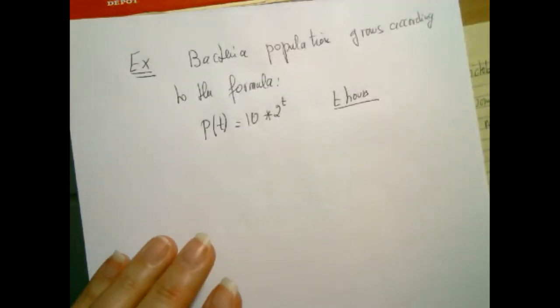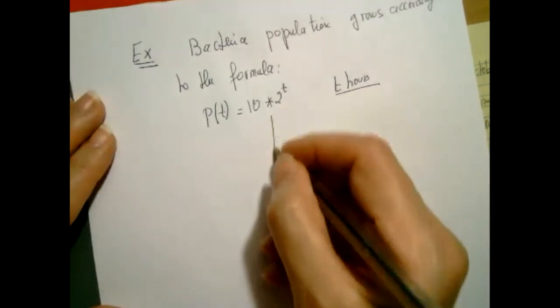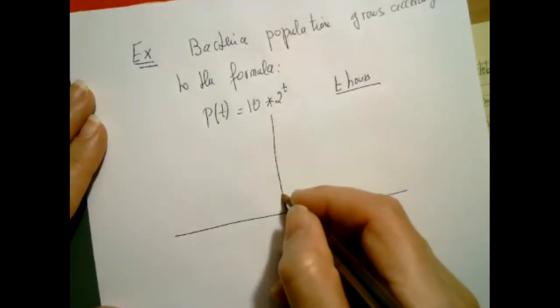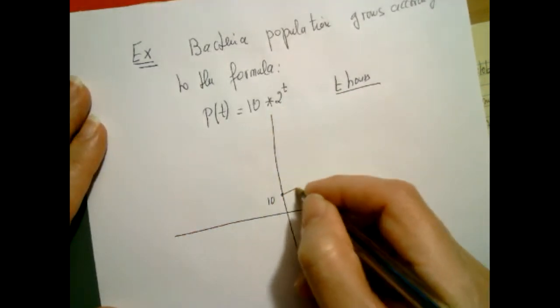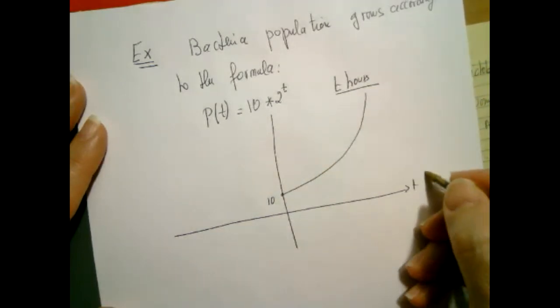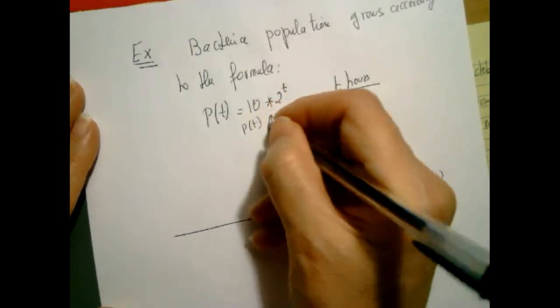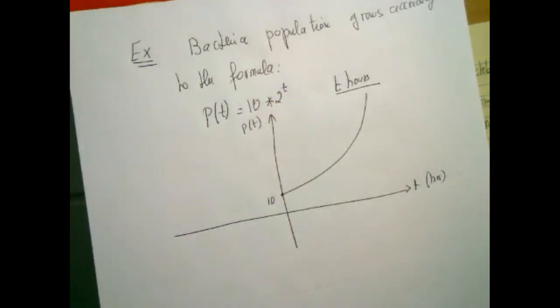Bacteria don't grow linearly. So I will draw my graph here. This is 10, that's my growth, this is time in hours, and this is my population. Definitely not a constant growth at all.